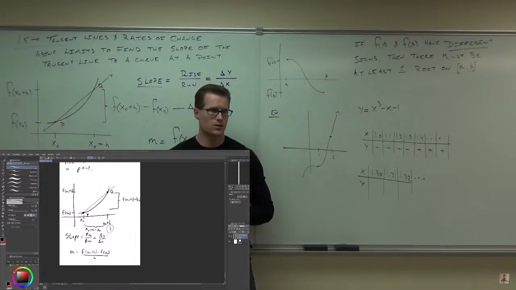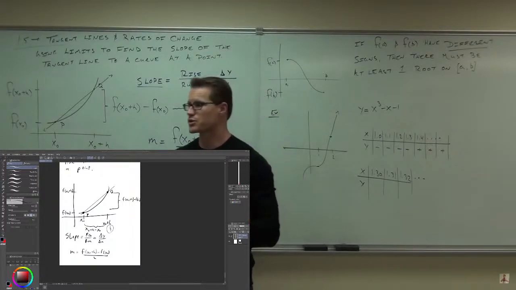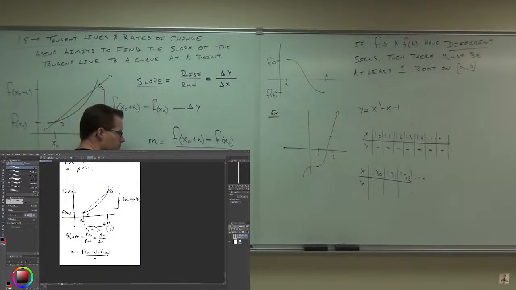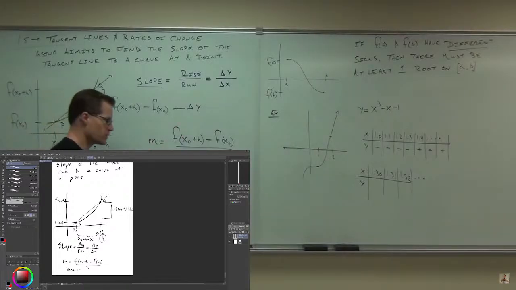So infinitely close to, in other words, that means let h approach 0. So this is a secant right now. In order to get the tangent, we're going to make point Q get close to point P.